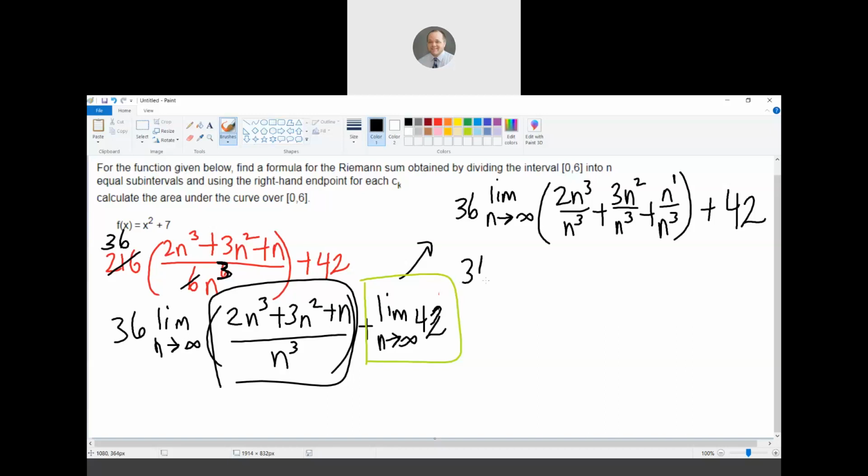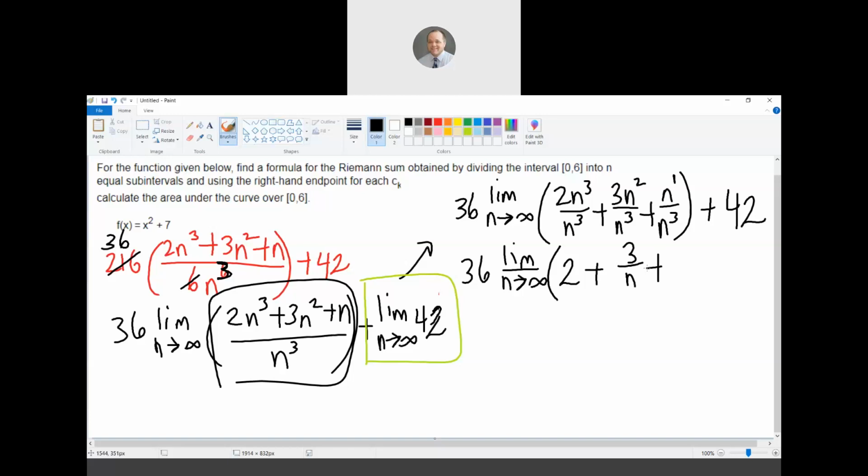All right, so we have 36 times the limit as n approaches infinity. The first fraction simplifies to 2. The second fraction reduces down to 3 over n.